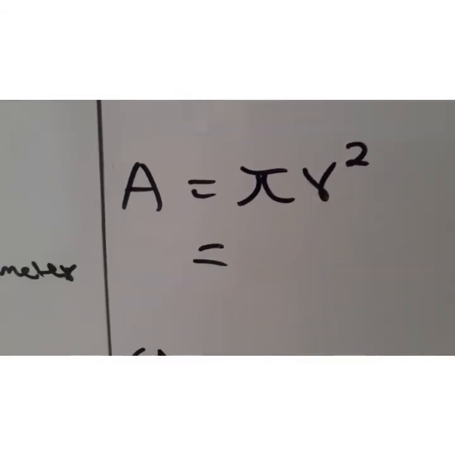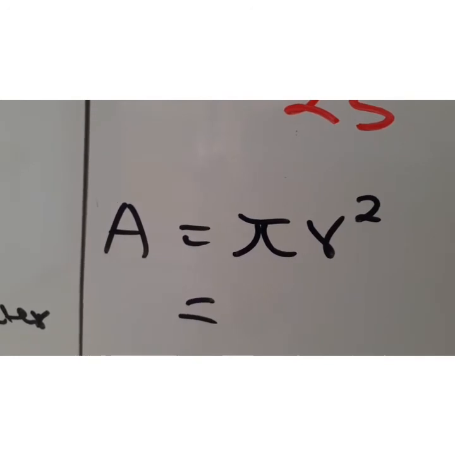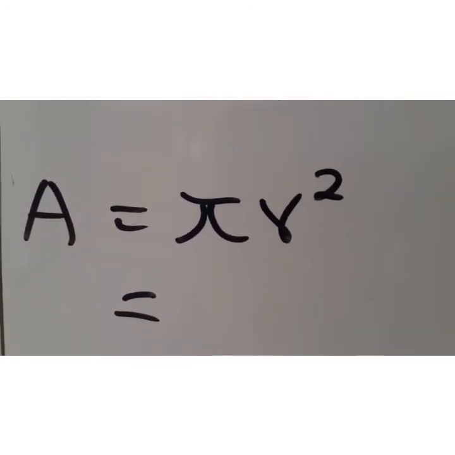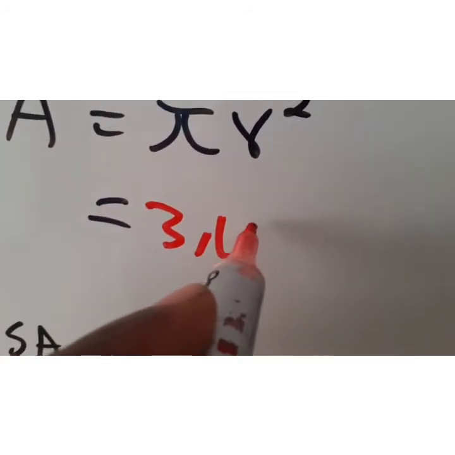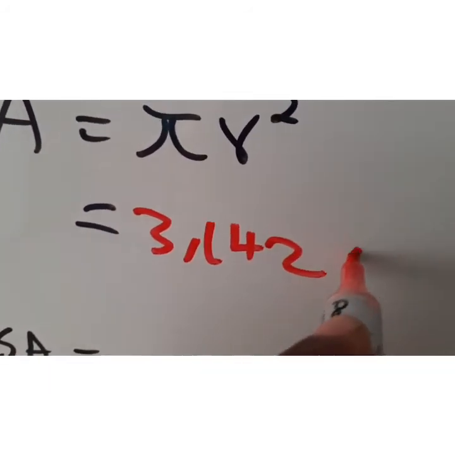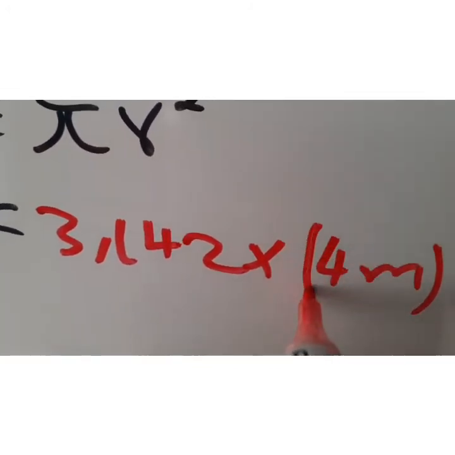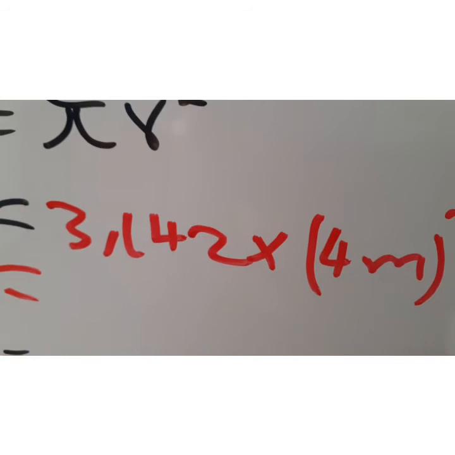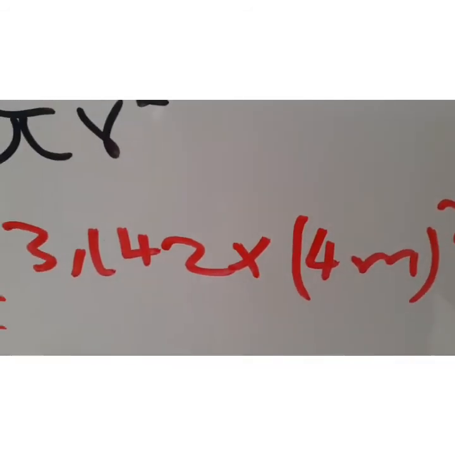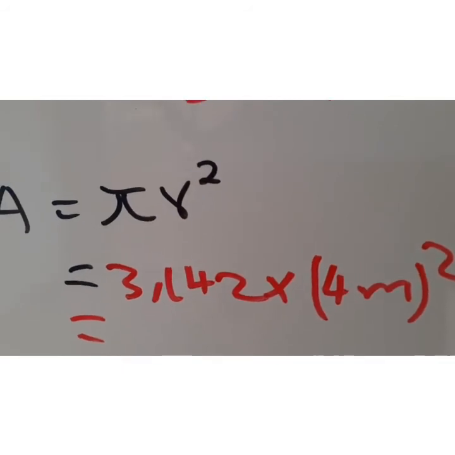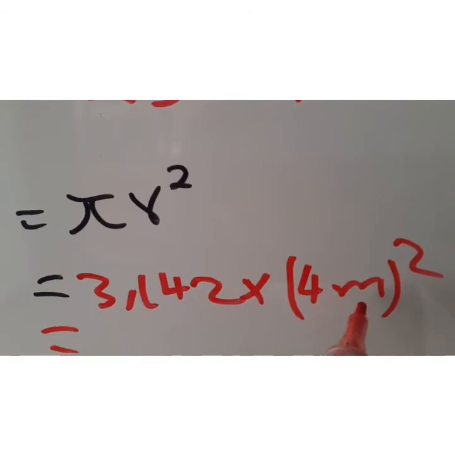Then if I were to calculate for area, my area would be A equals to pi r squared, which is the formula. So my pi would be 3,142 multiplied by my r, which is 4 meters squared. You notice that the 4 meters is squared. So both the number and the unit are squared, so it actually changes the unit.